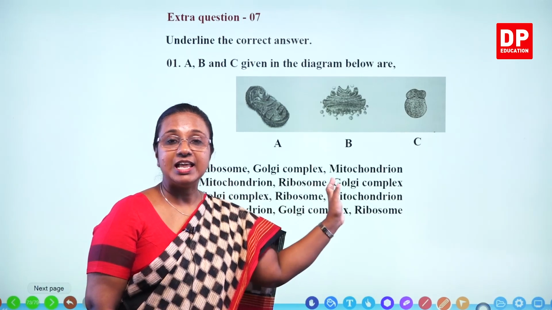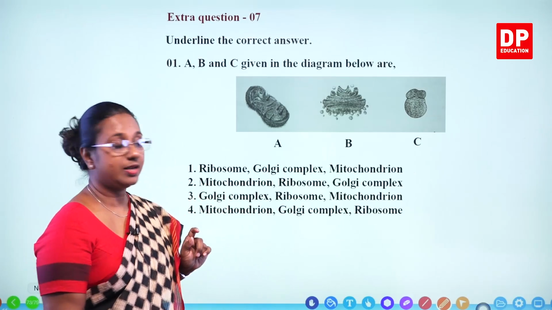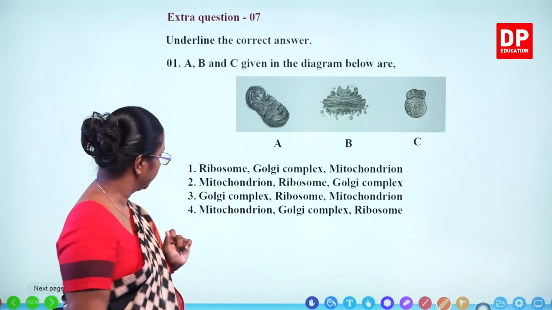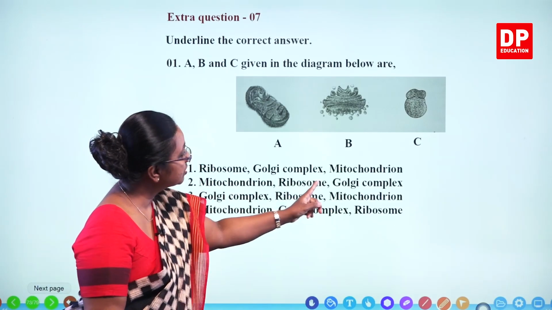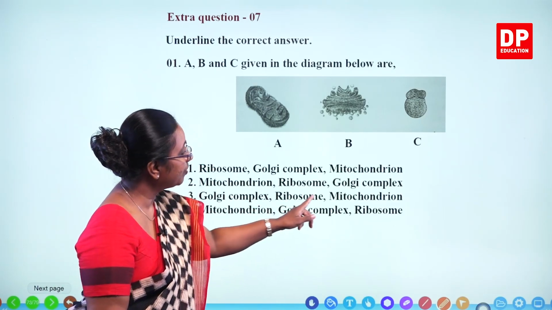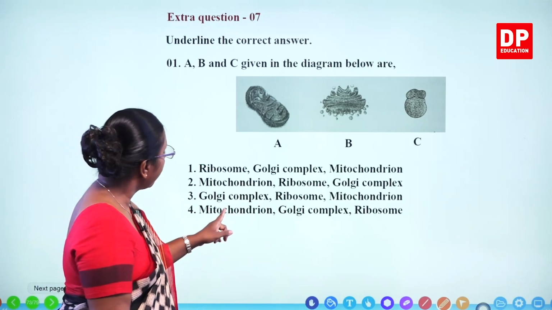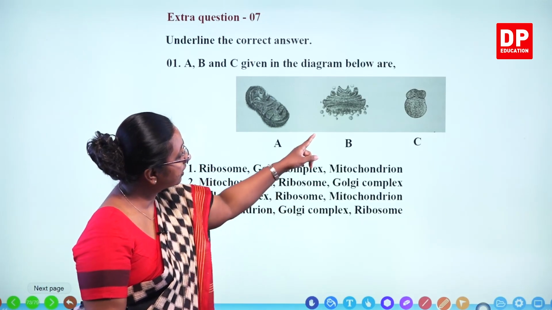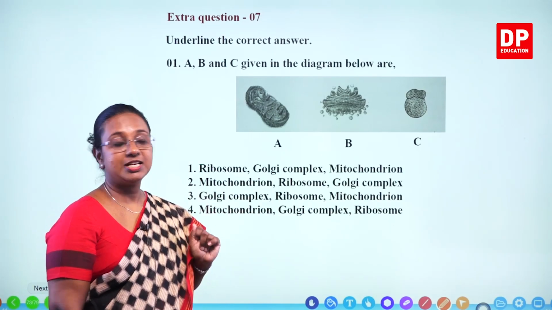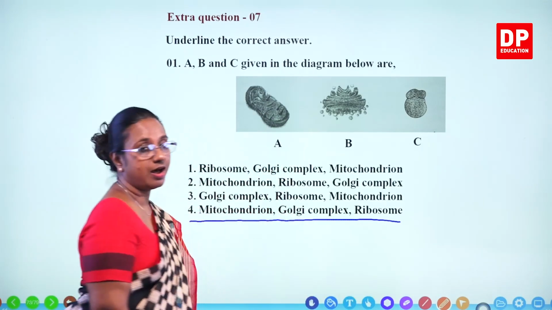So we have to select the answer that contains the correct order of organelles. Ribosome, Golgi complex, mitochondrion. No. Mitochondrion, ribosome, Golgi complex. No. Golgi complex, ribosome, mitochondrion. All three have wrong orders. Mitochondrion, Golgi complex and ribosome. The fourth combination is the correct order. So this is the correct answer.